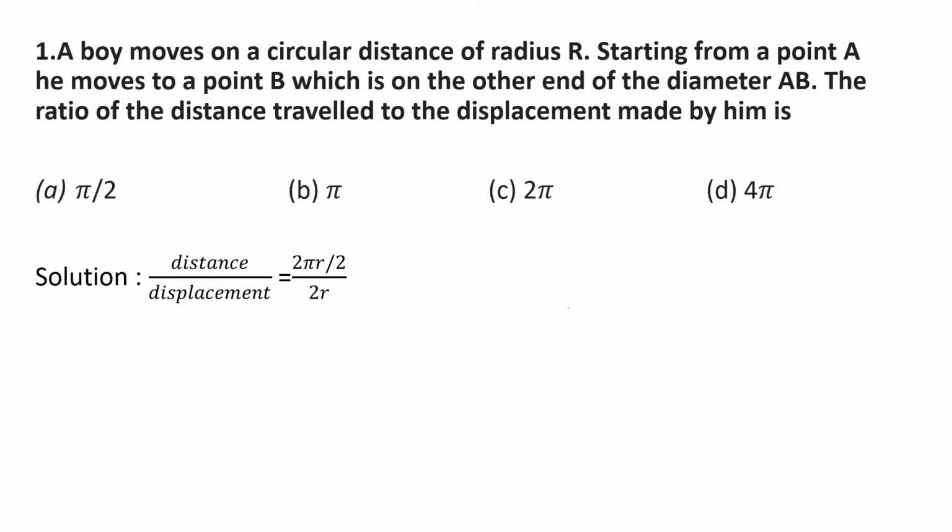Here displacement is the length of the diameter, which is 2 into r, means 2 times radius. While simplifying, the 2 gets cancelled, pi r divided by 2r, and simplifying, the r gets cancelled, remaining is pi by 2. So the answer is option A, pi by 2.